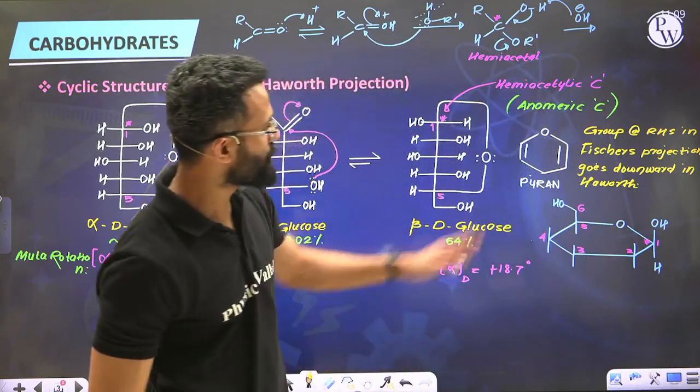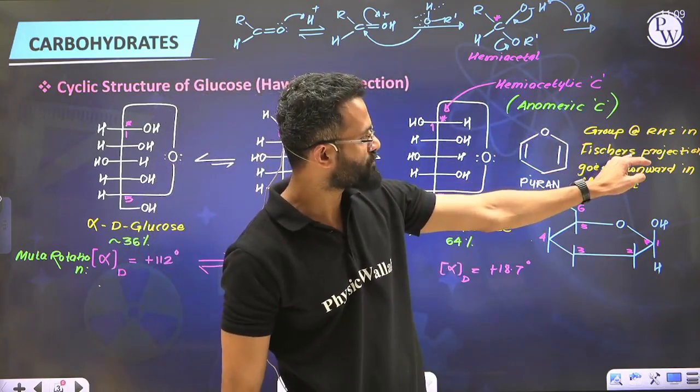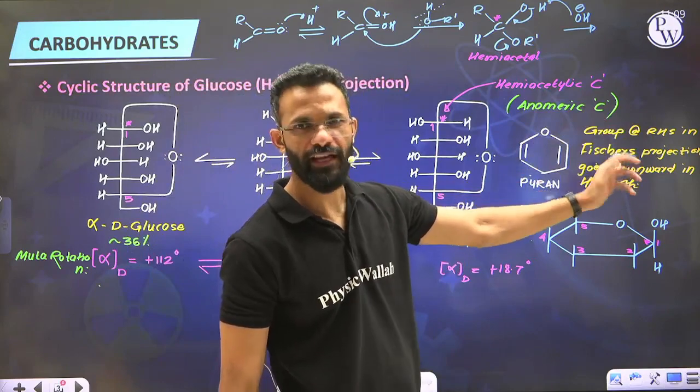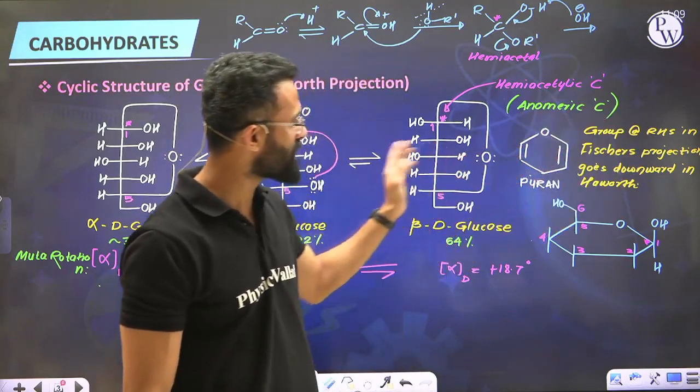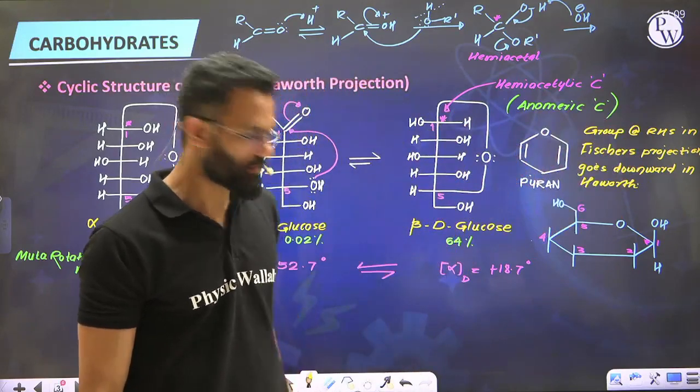Okay, the group which is present on the right hand side in the Fischer projection will go downward in the Haworth, and vice versa, meaning the one which is present to the left will be represented above the plane.